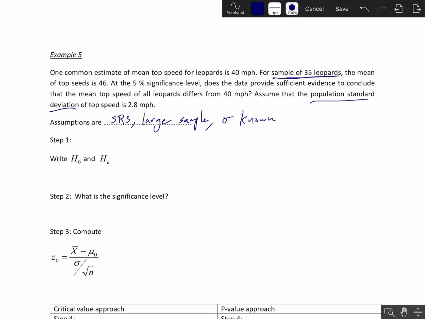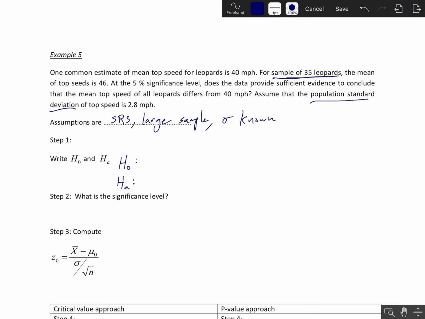But in this case, we're told that the population standard deviation is 2.8. So in this case, sigma is known. So therefore, this problem would fit into the context of section 8.2, which means we'll be using z values and the standard normal distribution. We don't have to worry about the t distribution, which is kind of nice.